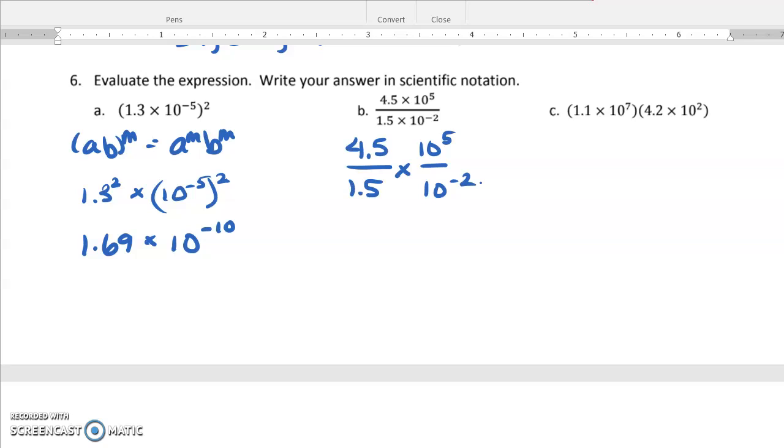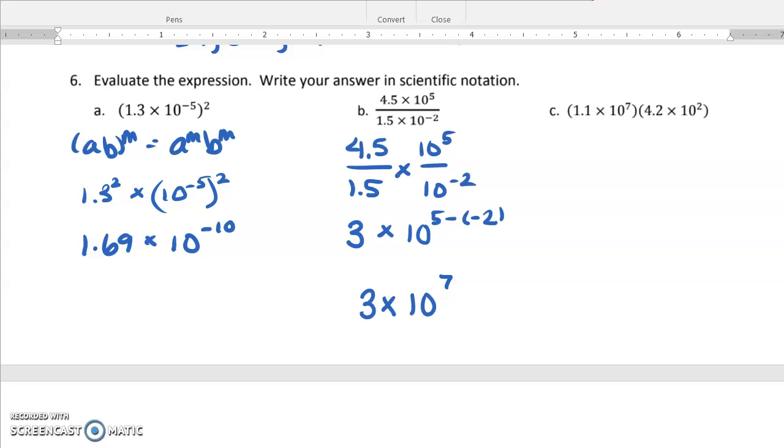If we work on these pieces one at a time, it becomes simpler. 4.5 divided by 1.5 is 3, and 10 to the 5th divided by 10 to the negative 2 is 10 to the 5 minus negative 2. So our answer is going to be 3 times 10 to the 7.